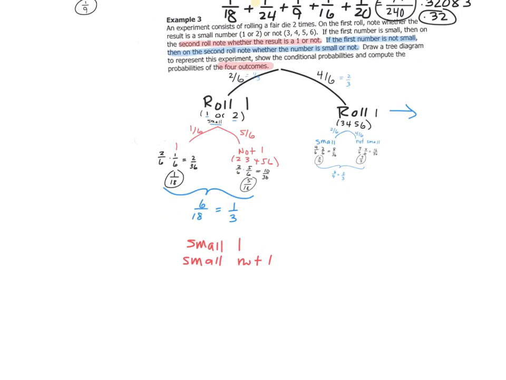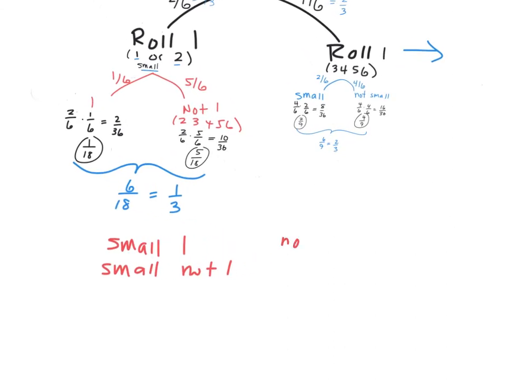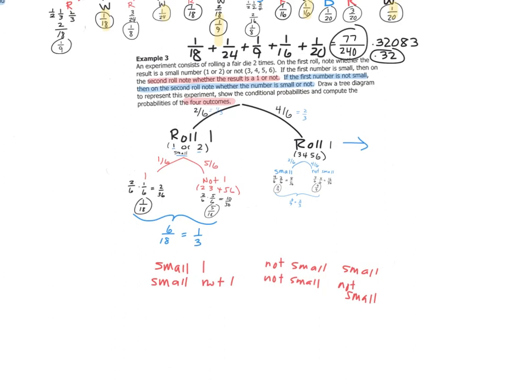And then over here we could say not small, and then on the second one we get a small, or not small, not small again. So really do look at the problem and all the wording and see if it has anything that gives you a hint as to what the tree should look like. Sometimes that is part of the battle.